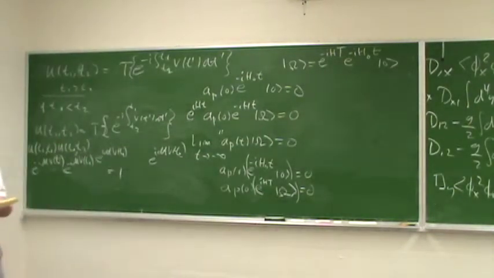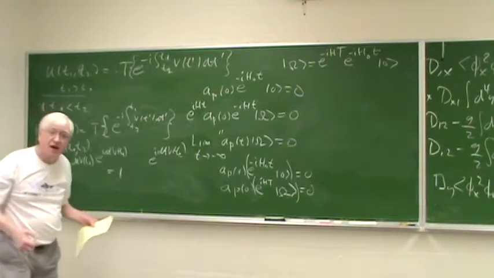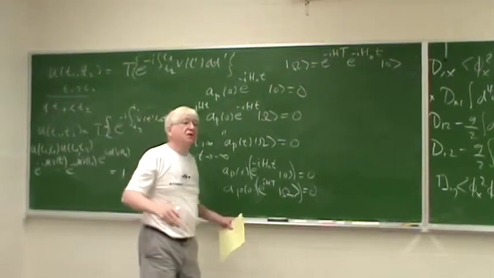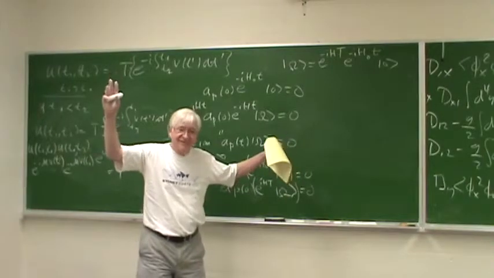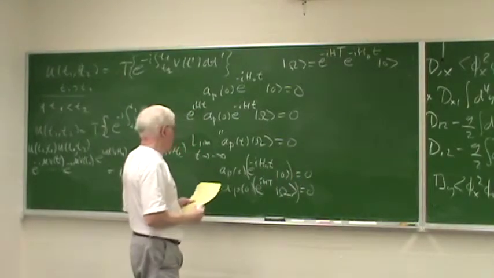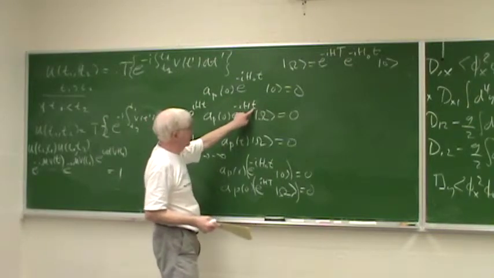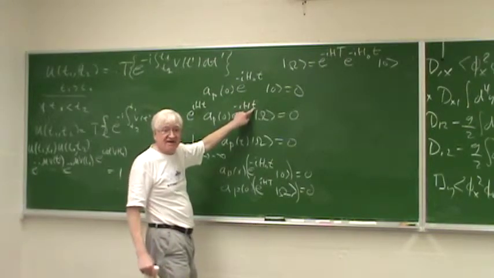Where did the big T come from? Big T means just some huge T. The idea here is that I'm taking this time to be minus infinity, essentially.